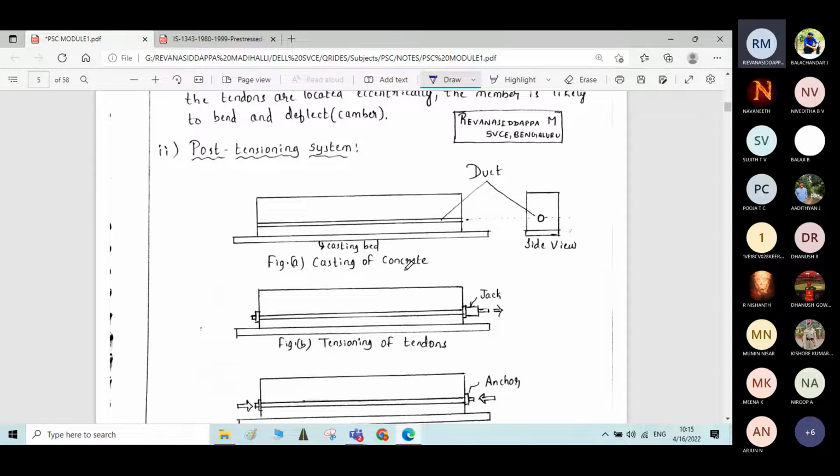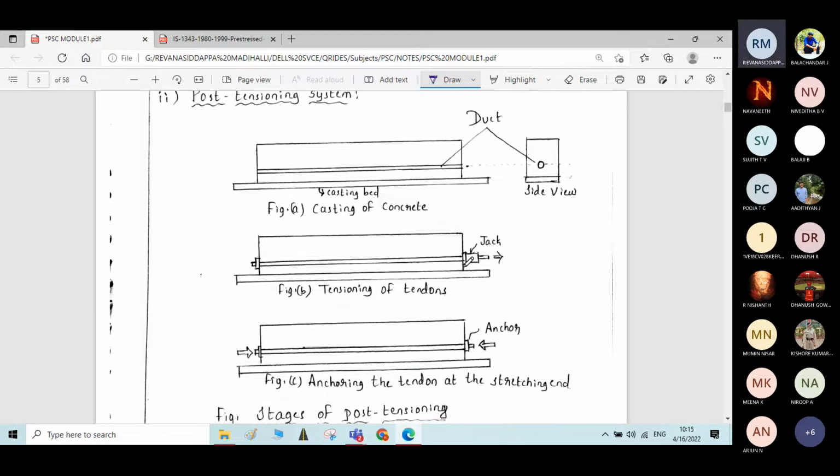In case of post-tensioning system, what will be done is after pouring the concrete. Okay, after pouring the concrete, after the concrete hardens, the pre-stressing will be introduced or induced into the concrete element.